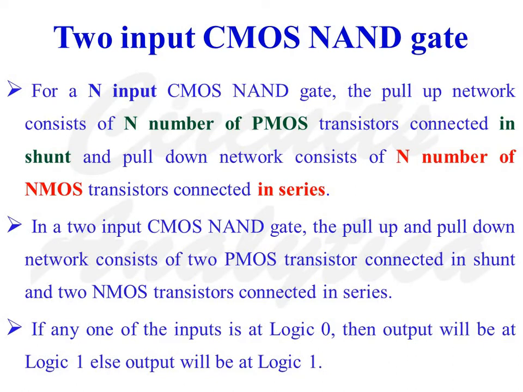In a 2-input CMOS NAND gate, the pull-up and pull-down networks consist of 2 PMOS transistors connected in shunt and 2 NMOS transistors connected in series. If any one of the n inputs of the CMOS NAND gate is at logic 0, then output will be at logic 1, else output will be at logic 0.